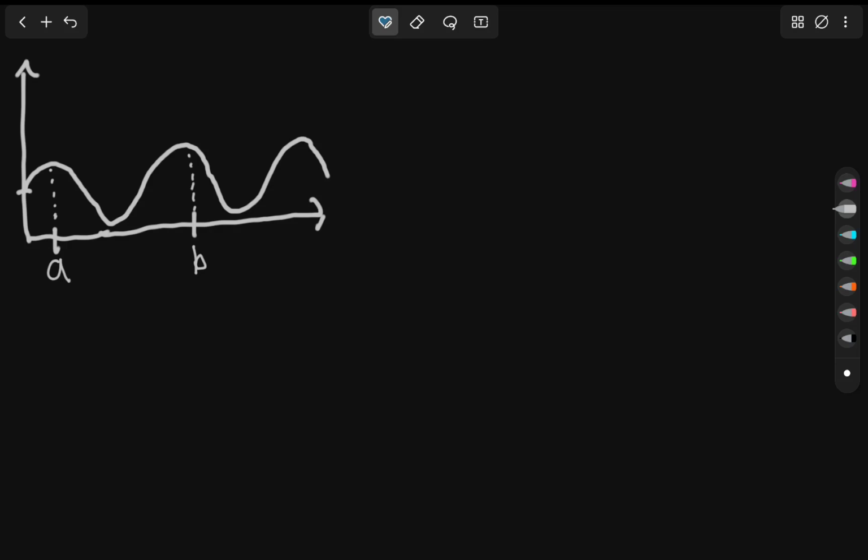So we say the limit as n approaches infinity, as we're taking n amount of rectangles, of the sum from i equals 1 to n of f of x of i times a change in x, where change in x is equal to b minus a divided by n.